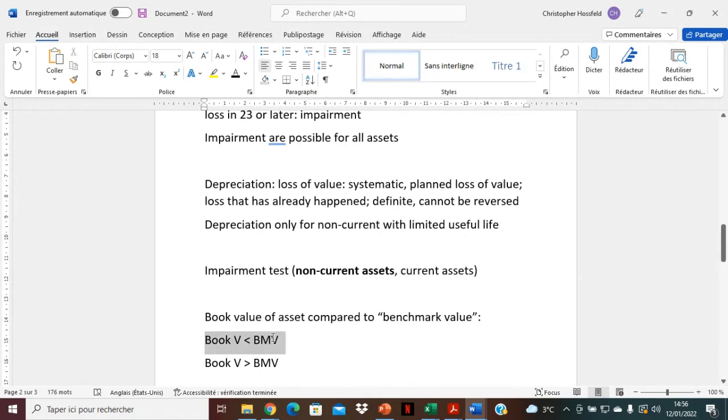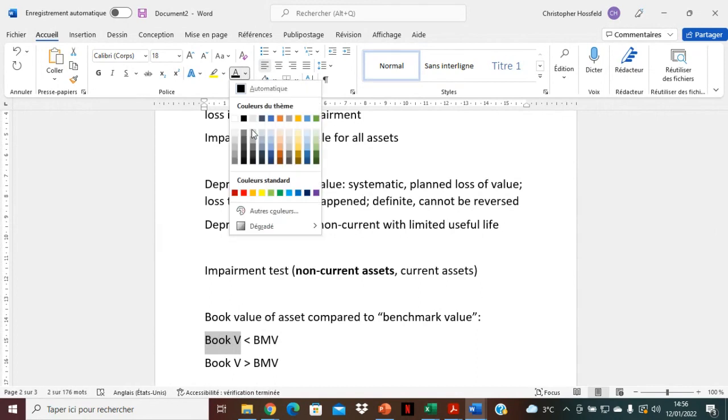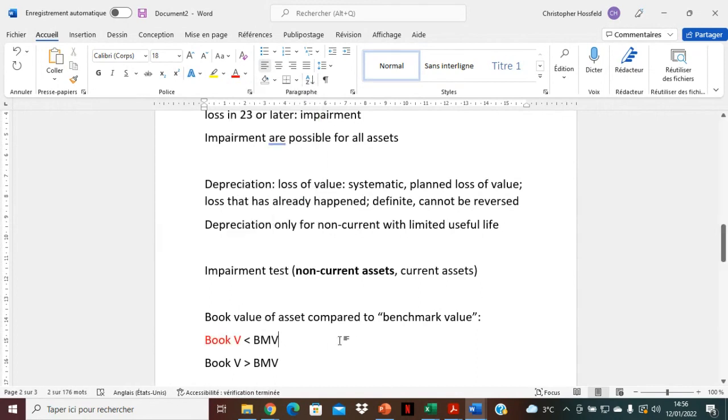So here, if my book value is lower than the benchmark value, well, I should choose the book value. But the book value is what I have already in my balance sheet, which means there is nothing to do. And in this case, there is no impairment. I did the impairment test, but as a result, I have already the lower value. So therefore, there's nothing to do.